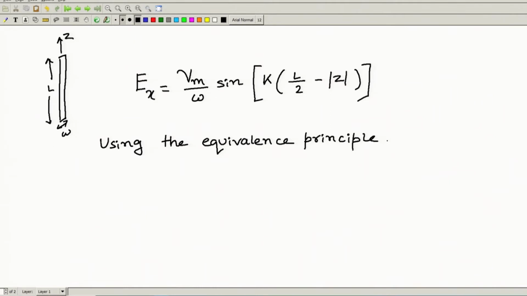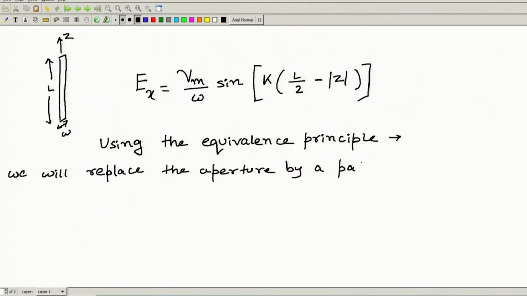Okay, so, we can write that using the equivalence principle, we will replace the aperture by a patch of magnetic current.